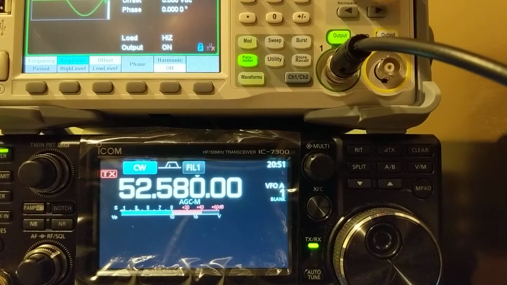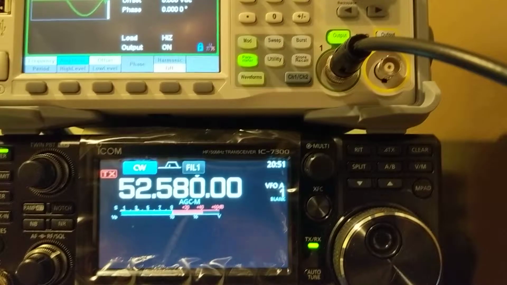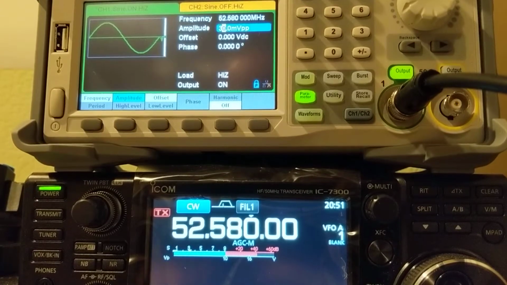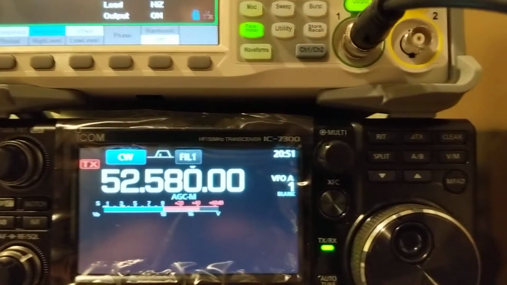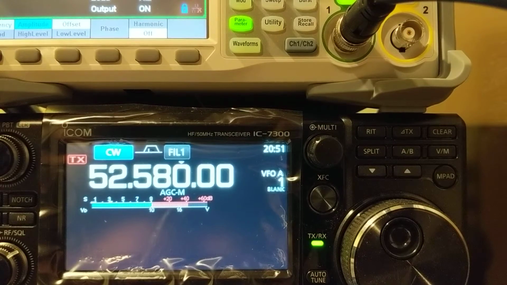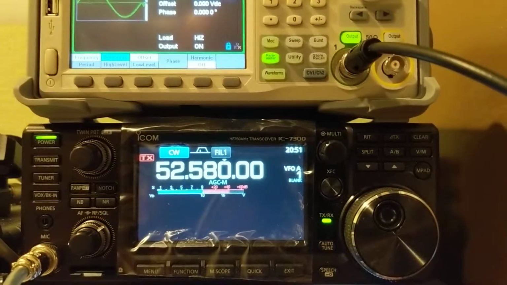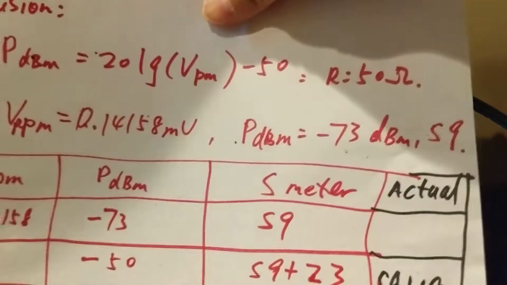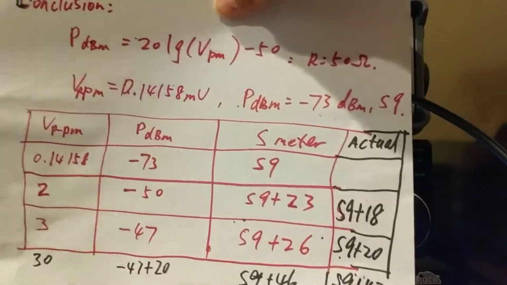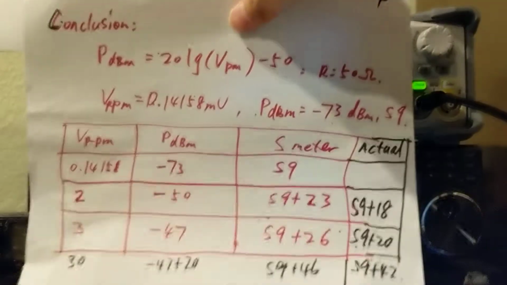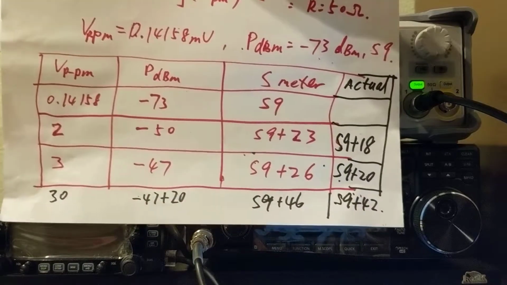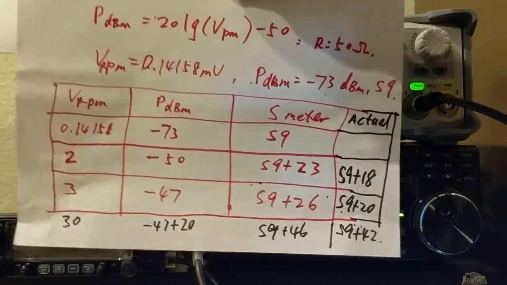So let me continue to 30. Okay, at 30, I get S9 plus 40. This is 42 dB. Okay, let me write it down. Okay, so I get this one. This is the entire page.